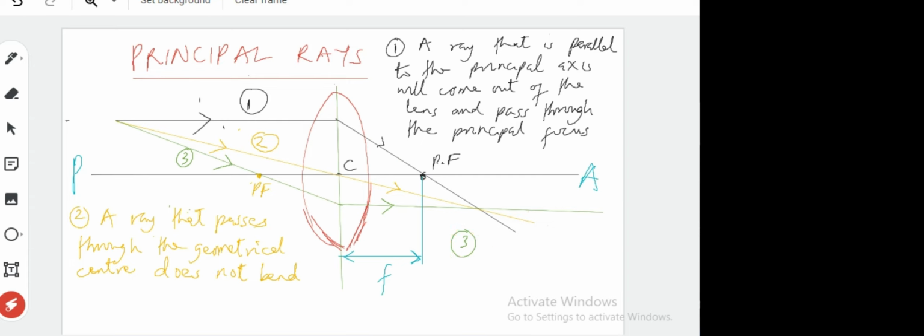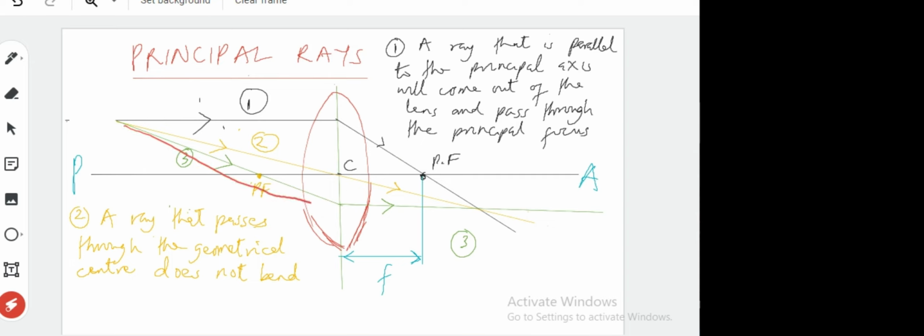A ray that is parallel to the principal axis will come out of the lens and pass through the principal focus. Okay, so that's number 1. How about number 3? A ray that is parallel to the principal axis. Are you sure?